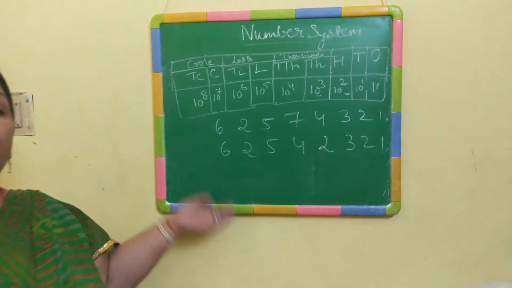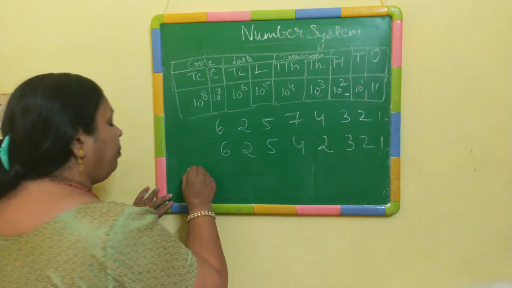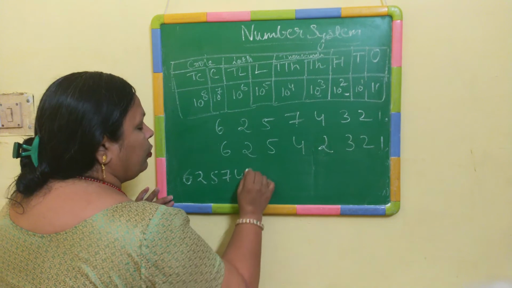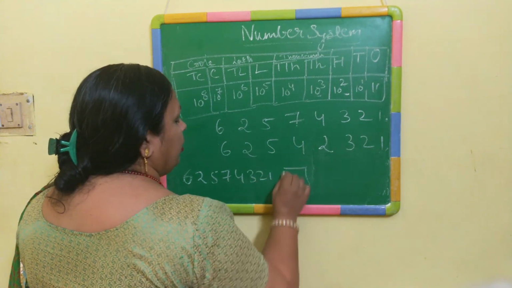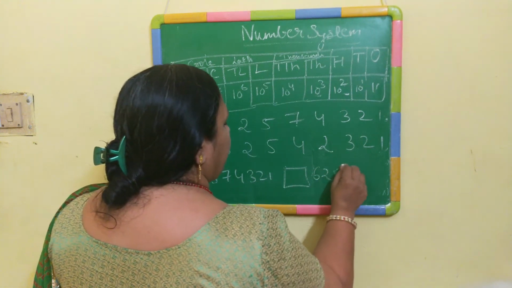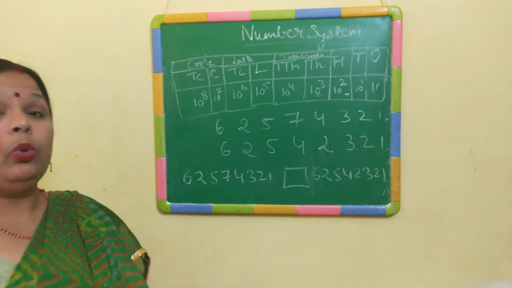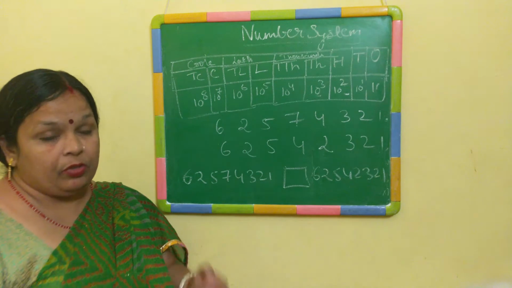Clear? Now when we are comparing the numbers, let us take 6,25,74,321 and 6,25,42,321. Now what does the rule of comparison say?